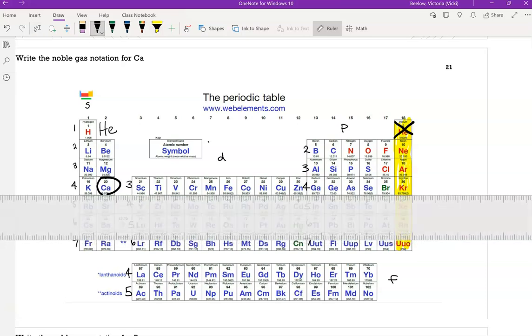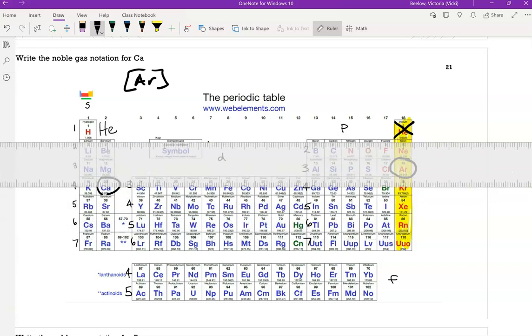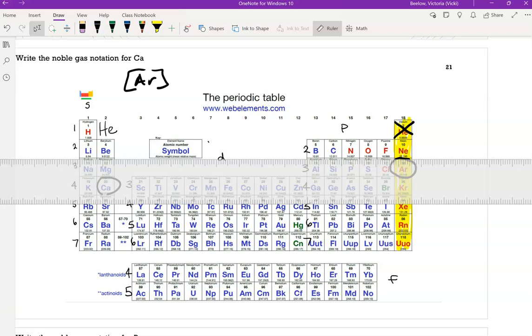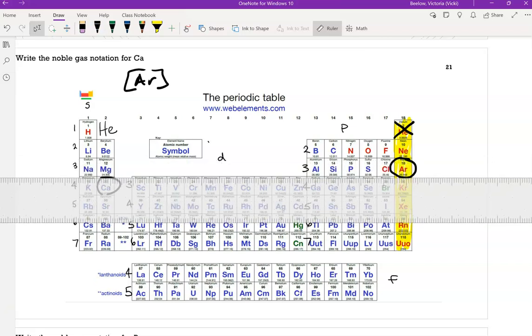If I go backwards, this is number 20, number 19. If I go here to 18, that's argon, and that is a noble gas. So I'm going to write argon in brackets here. Instead of me writing 1s2, 2s2, 2p6, 3s2, 3p6, I just wrote argon.